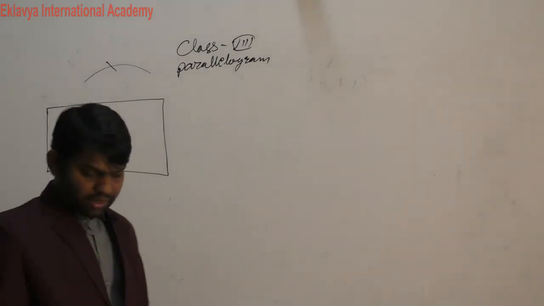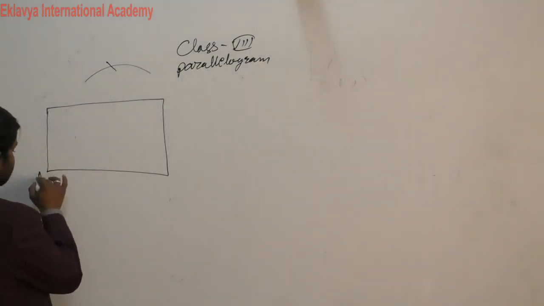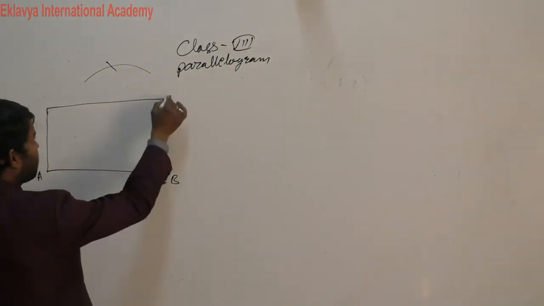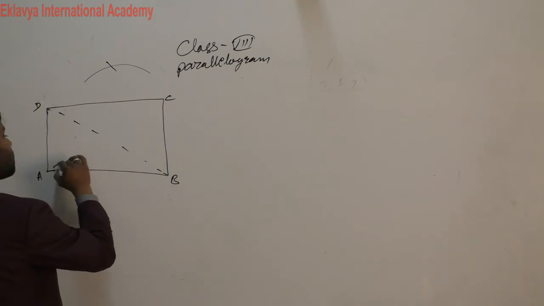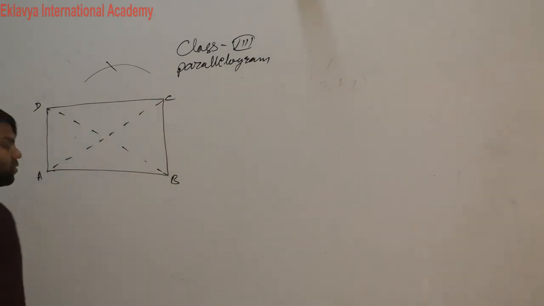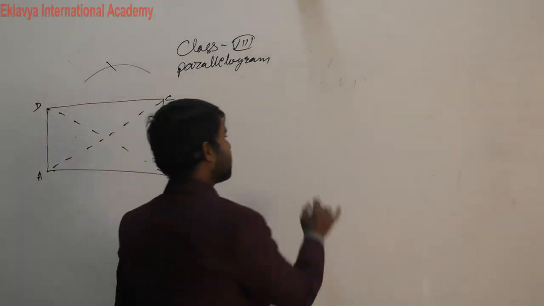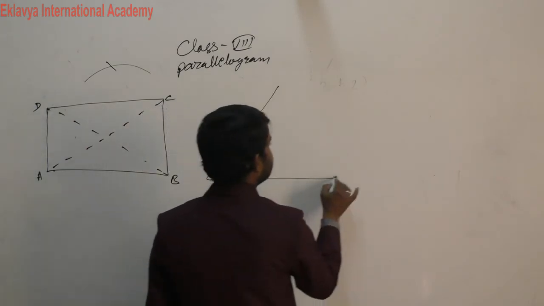Name of the rectangle is ABCD, and here diagonals are also drawn. Second, it is a parallelogram.